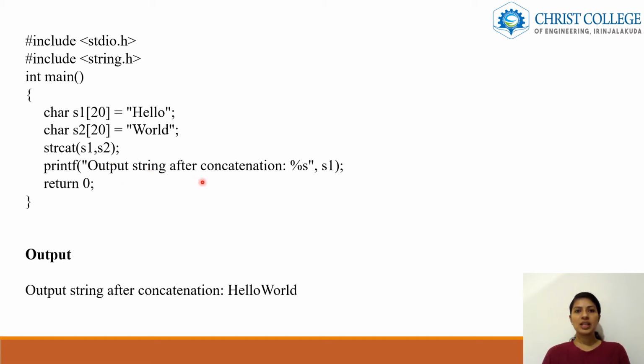And this is the print statement for showing the output. So let us see the output. Output string after concatenation is hello world. So here S1 and S2 will be concatenated and the output will be in the S1 string. That is, the first string will be having the output after the strcat function.